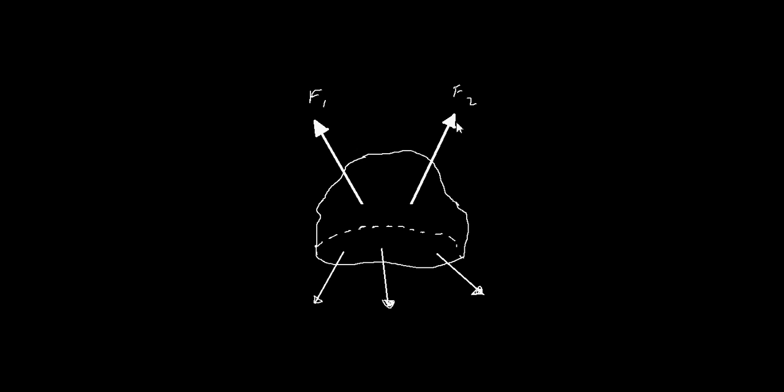We know there are two forces applied on this part, so for it to be in equilibrium, there should be some forces on the cut plane here. And those forces that are within the body are called internal resistance.